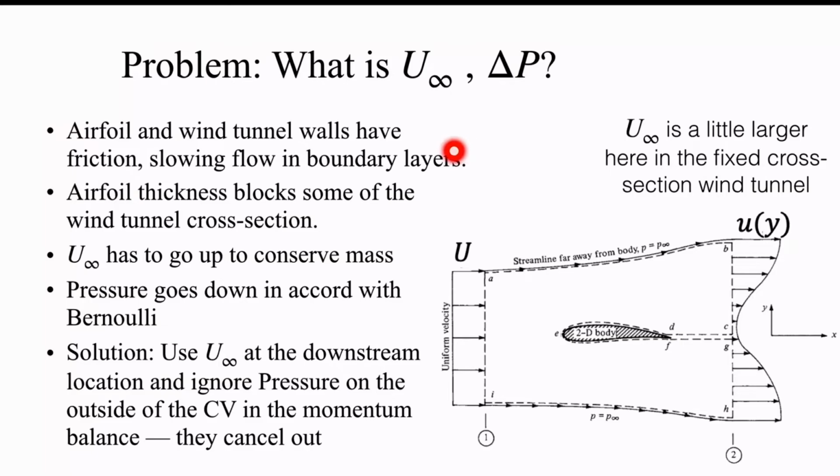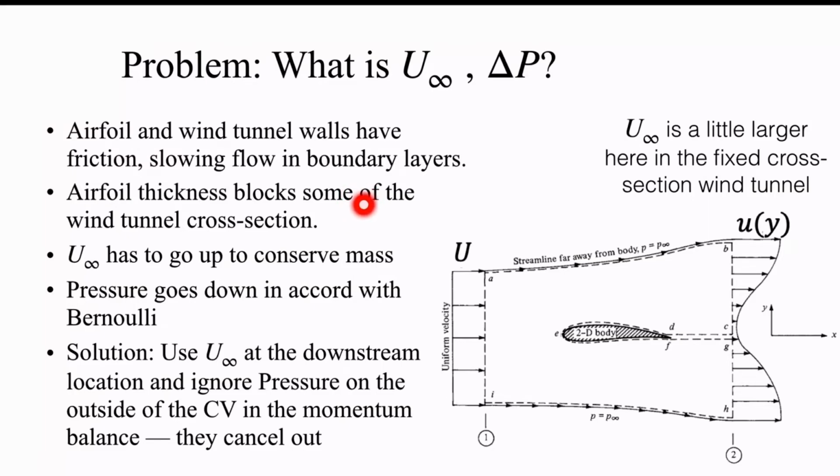But our airfoil and our wind tunnel walls both have boundary layers where the fluid is slowing down. And that means that if the fluid slows down near the walls and on the airfoil, then if the cross-section is constant, the fluid flowing here in the open area has to speed up.